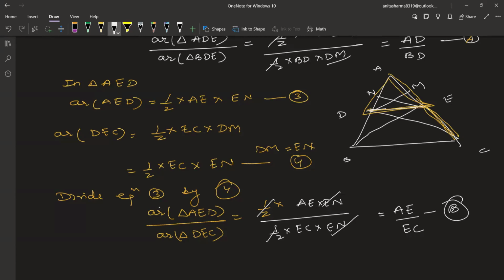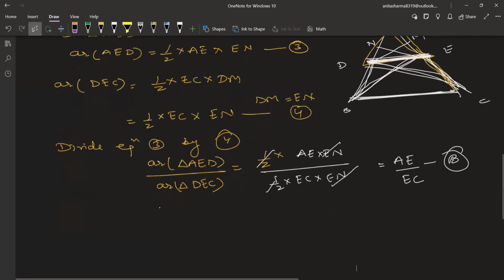So if you observe, triangle DBE and triangle DEC both are on the same base DE, and between the same parallel lines DE and BC. So therefore they will have equal area.